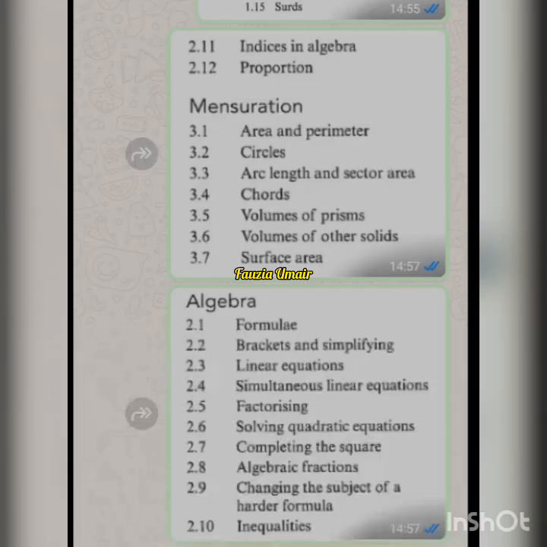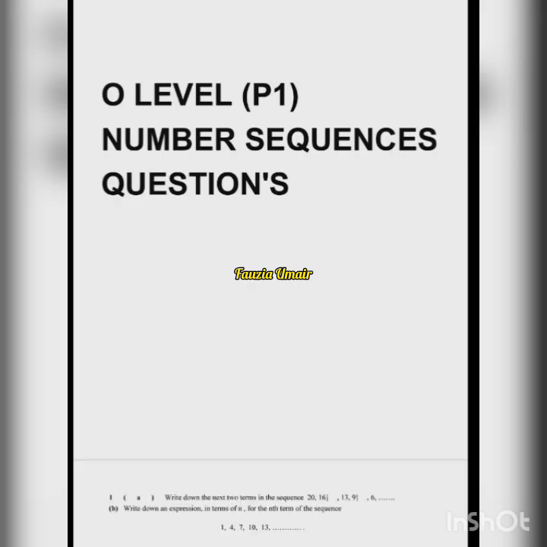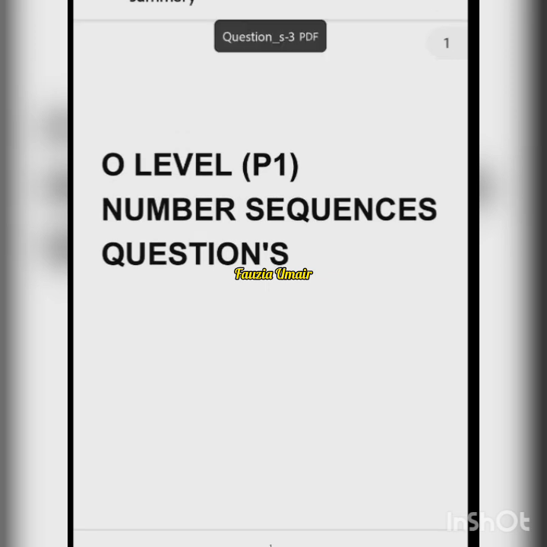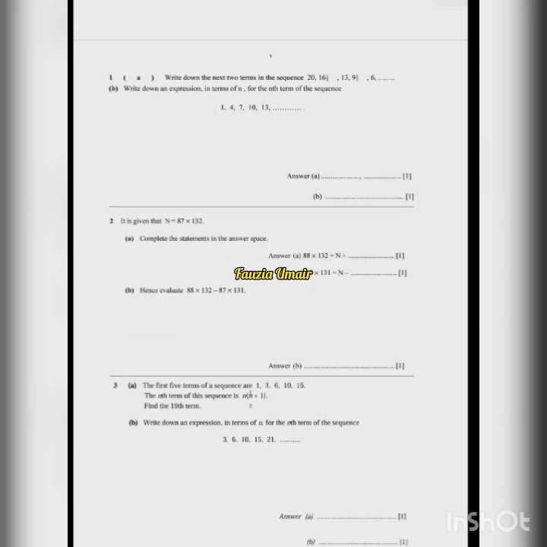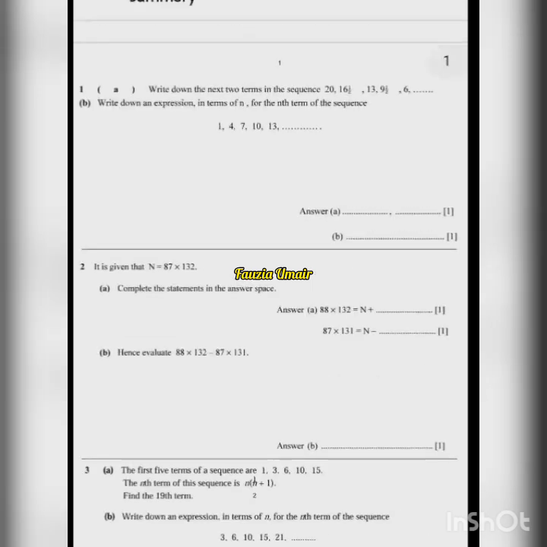So this is the topic, number sequences. These are the past paper P1 questions of number sequences. I hope you can see the document on your screen. Can you see? Yes, ma'am. Okay. So let's start. Let me zoom in so that you can see.